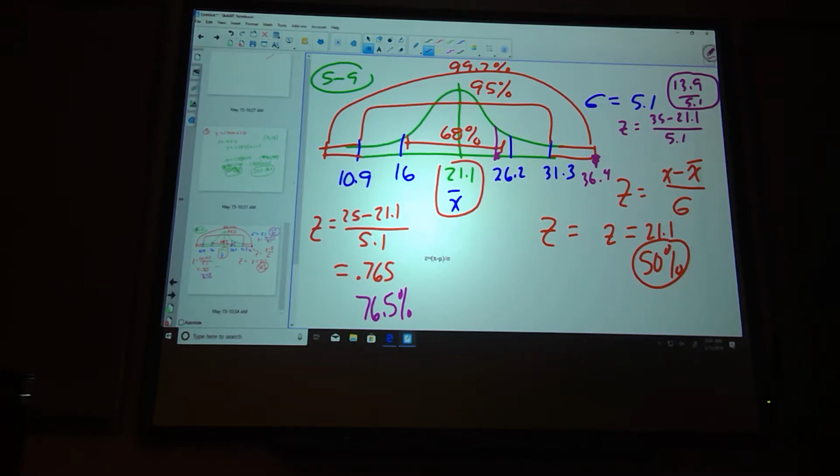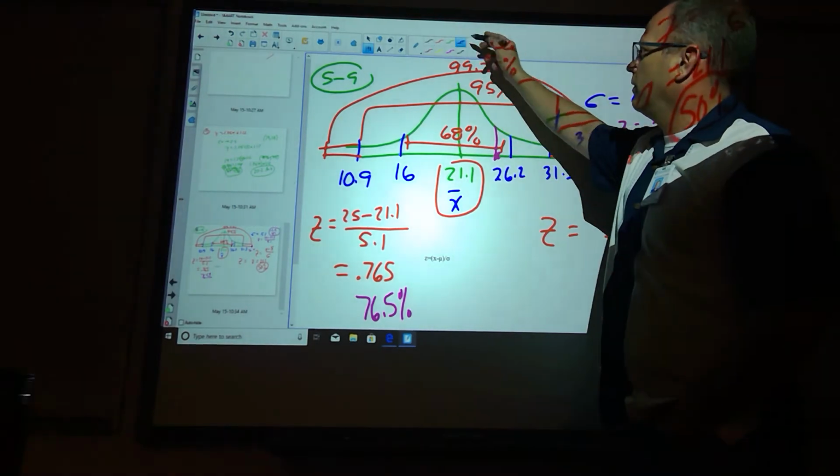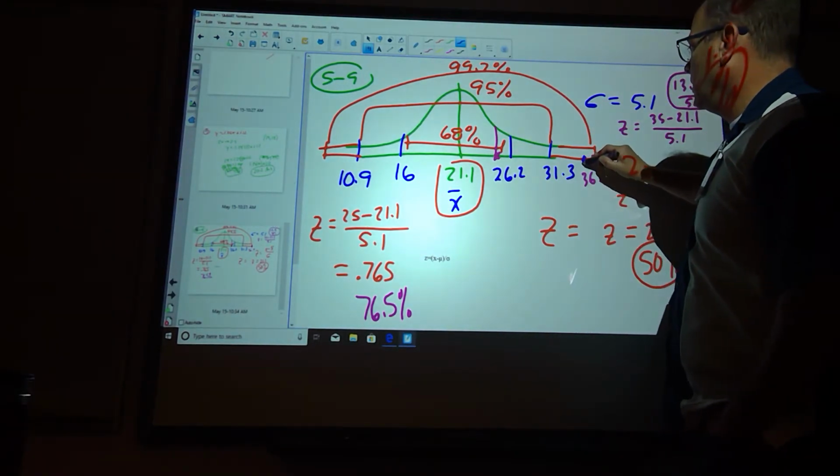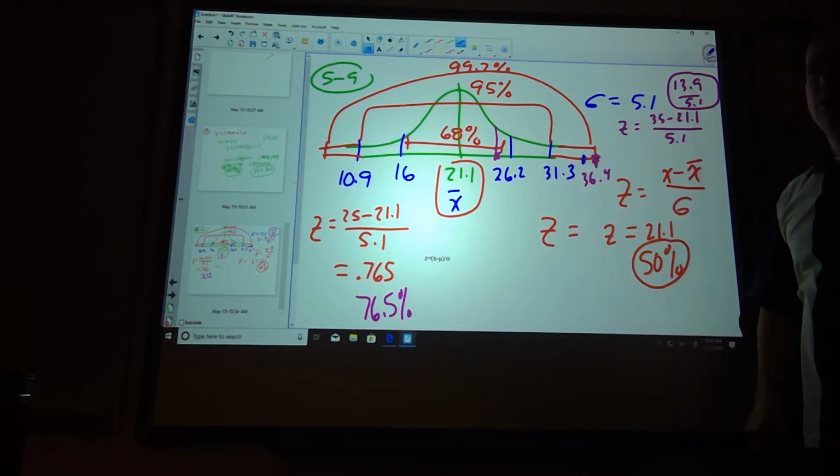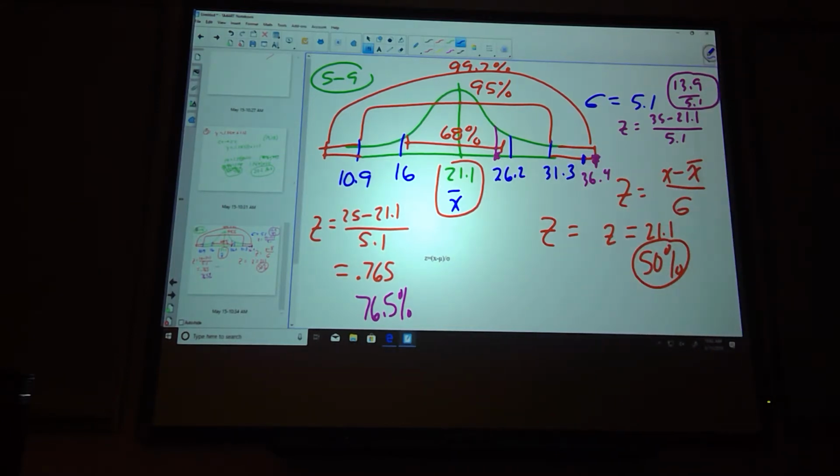So 0.3% would score outside that. Actually, it's 0.15% because you have 0.15% of the area this way. It came out to 2.7, so you're 2.7 standard deviations above the mean. You're talking about an extraordinary amount of people that are going to score below that, so it's kind of unlikely somebody would score that high.